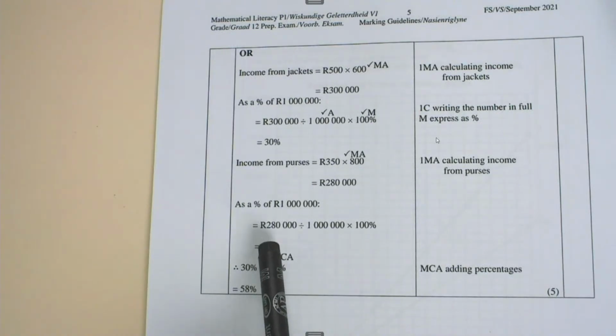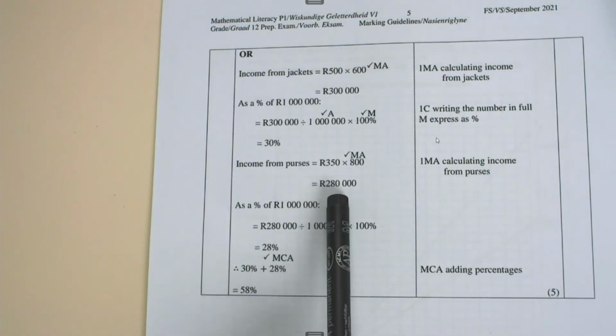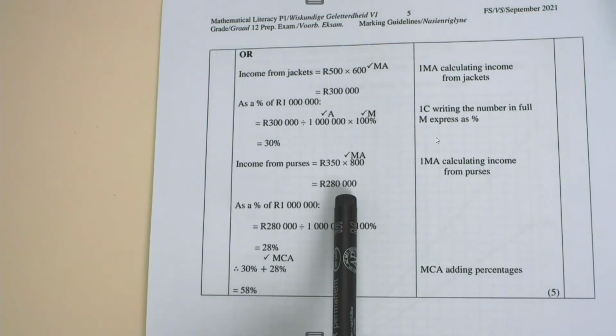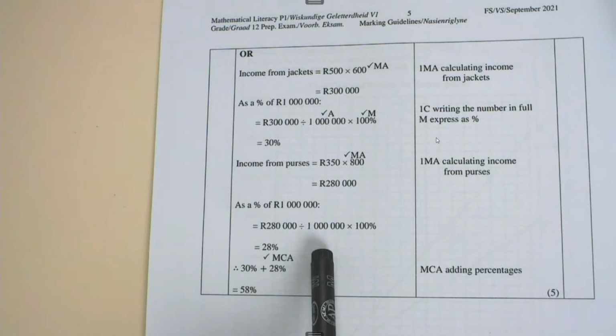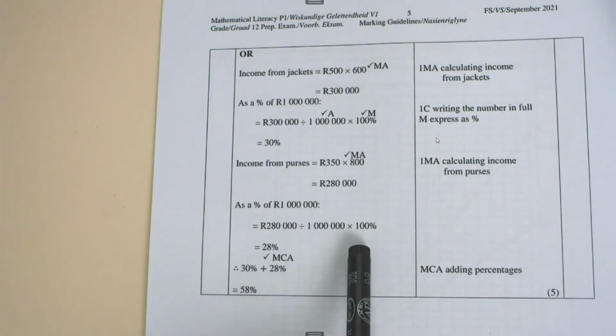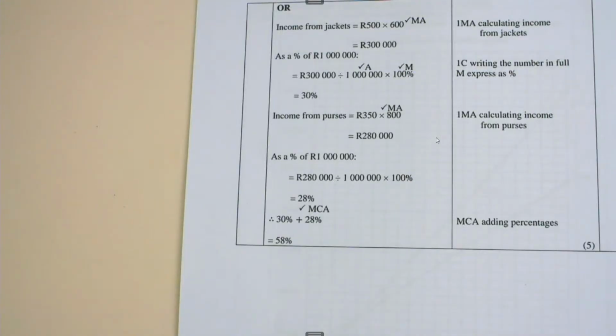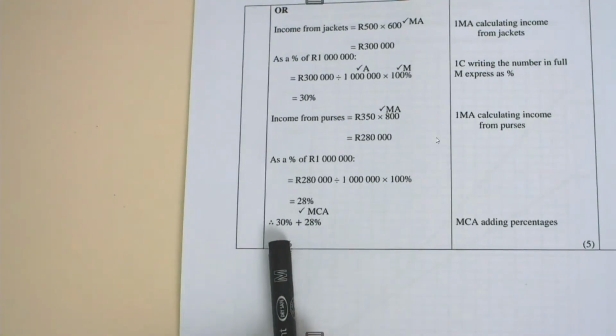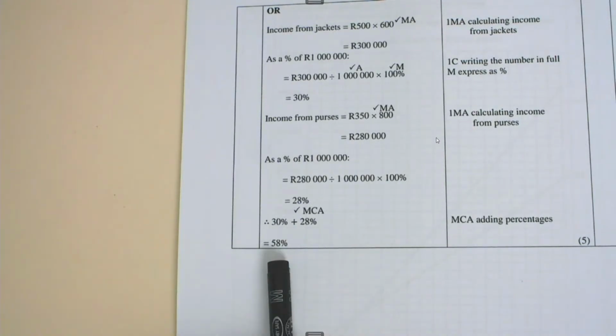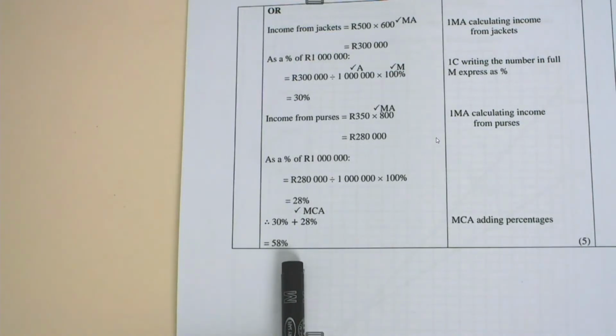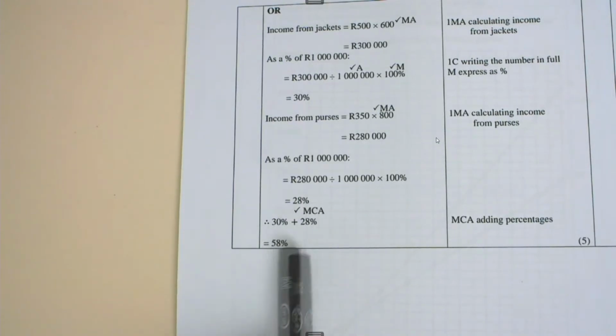And then we express that 280,000 as a percentage out of a million. Then you multiply by 100%. The answer is 28%. Then from there, by adding 30 plus 28, you get 58.